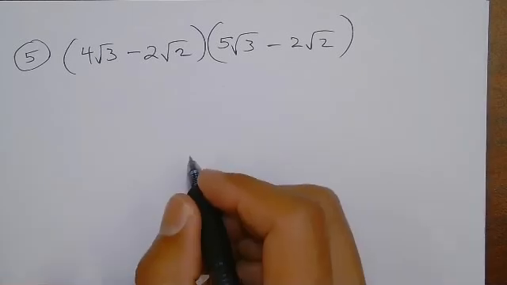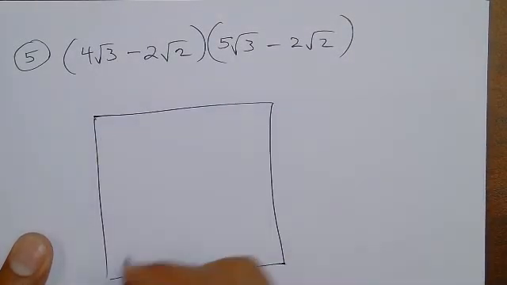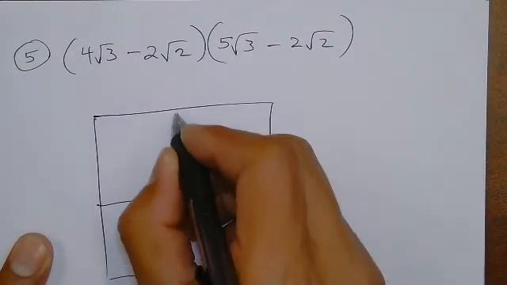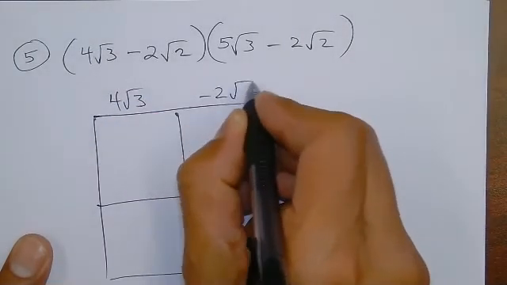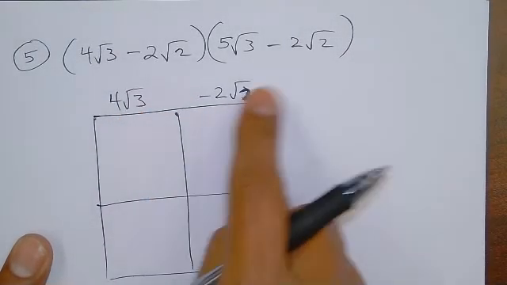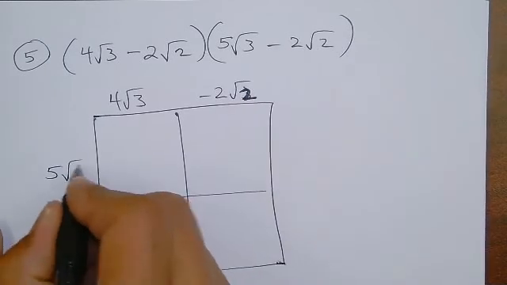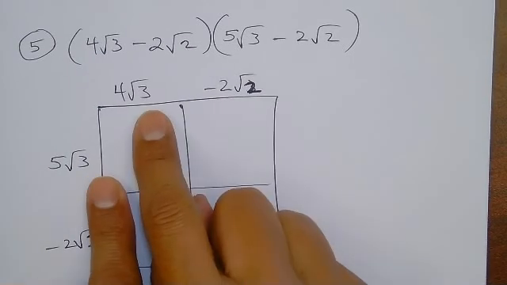Okay, try that one. I'll give you about 3 minutes. So, Punnett Square 2 by 2. One of them's gonna have the 4 root 3 and the minus 2 root 2, and this one's gonna have the 5 root 3 minus another 2 root 2.